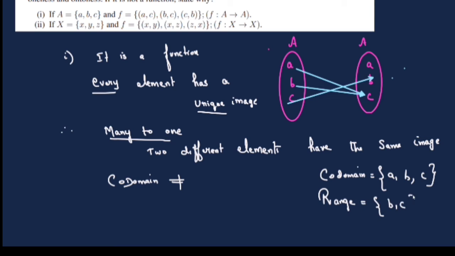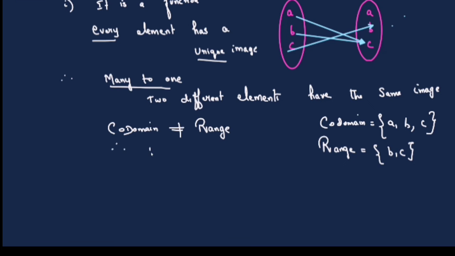So it is a function, but the codomain is not equal to the range, therefore not onto. It is an into function. They ask whether it is onto, so you just write not onto, but it is into. So it is a many to one into function.